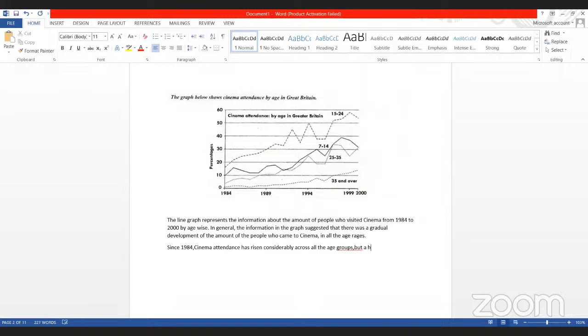But there was a huge increase in the age group of, sorry, age group of what?